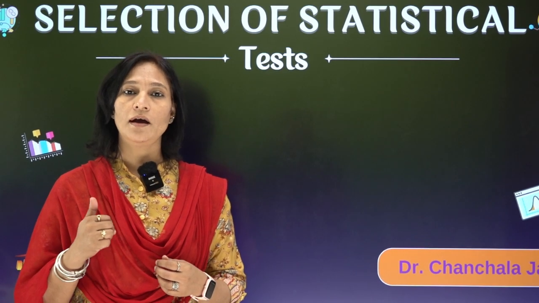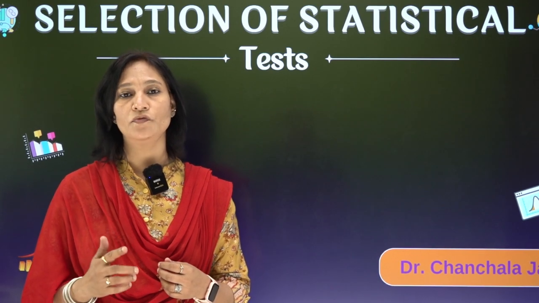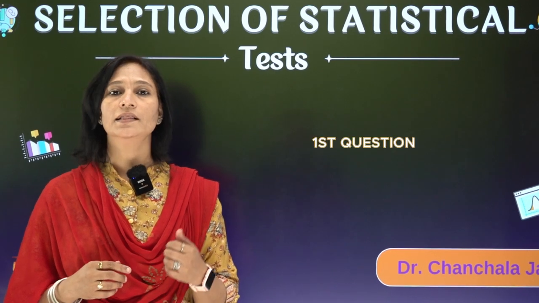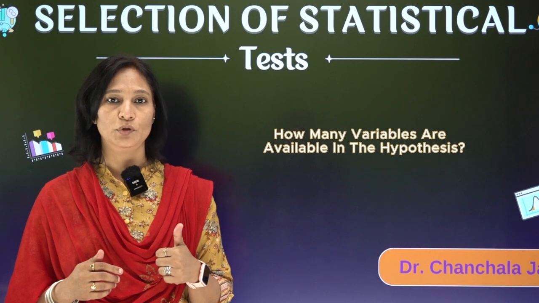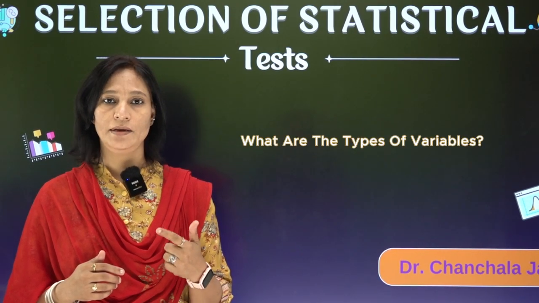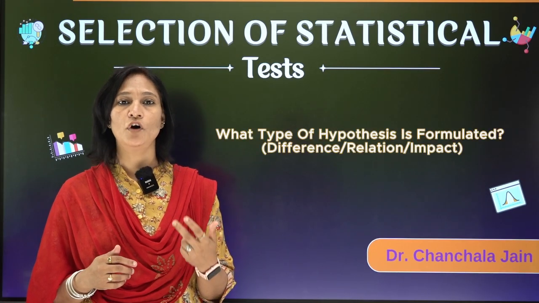Friends, for identifying which will be the appropriate statistical test for our hypothesis, we need to answer 3 questions. The first question is, how many variables do we have in our hypothesis? The second is, what is the type of our variables? The third question is, which type of hypothesis have we formulated?